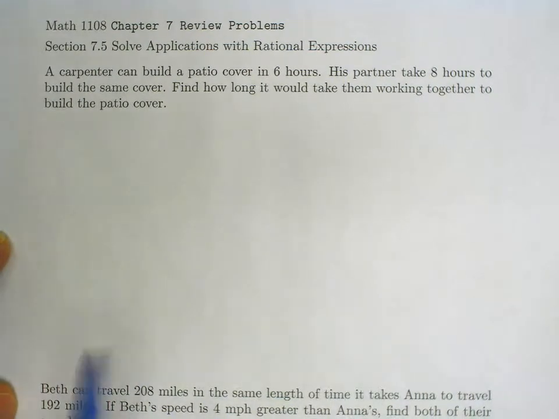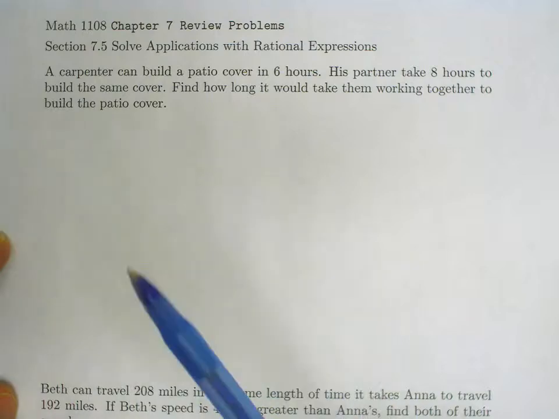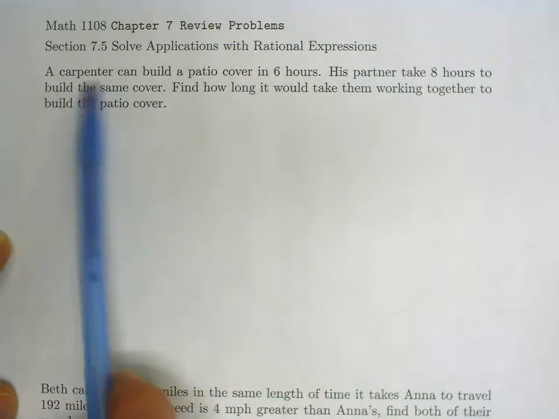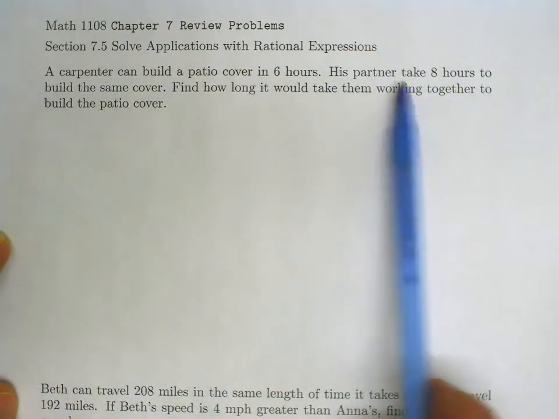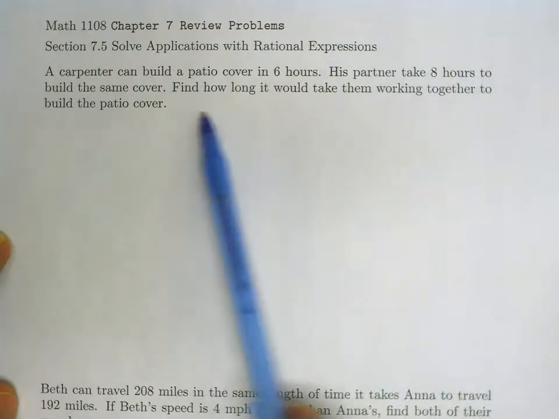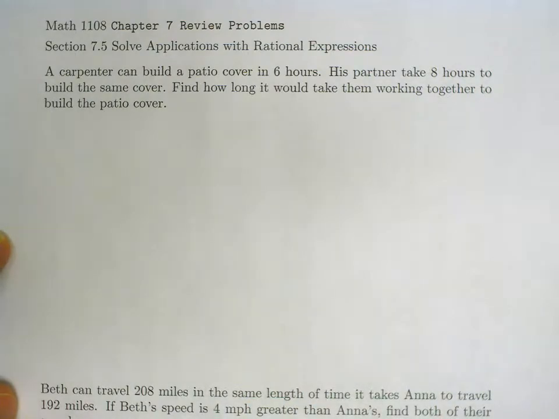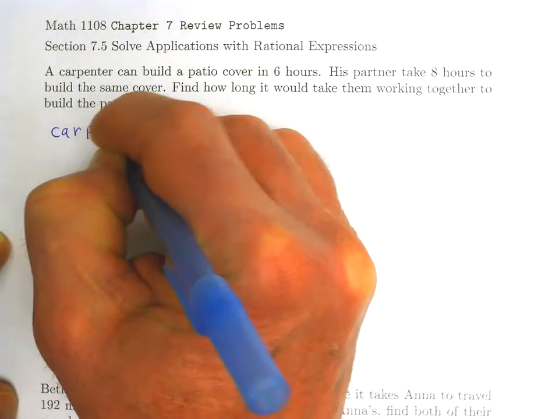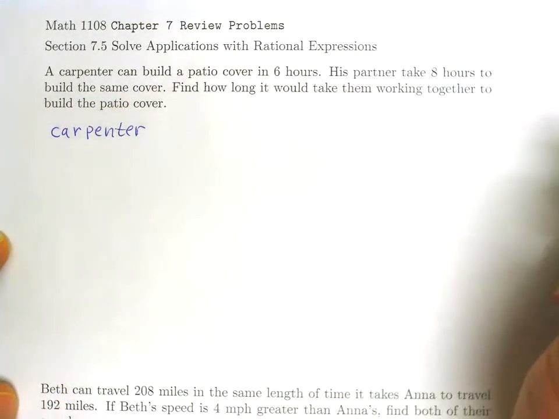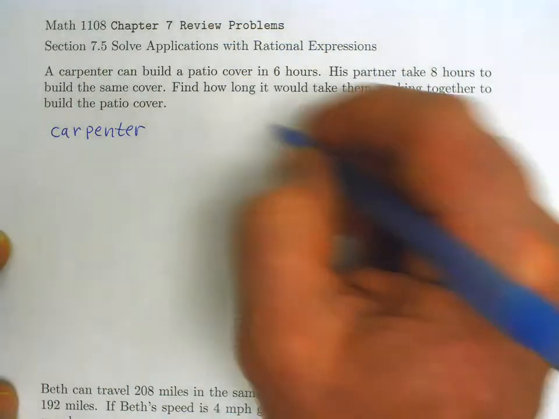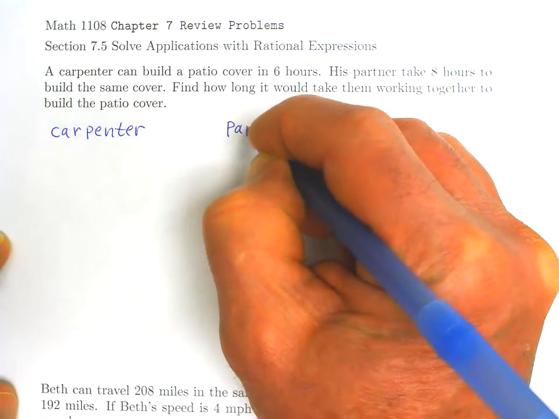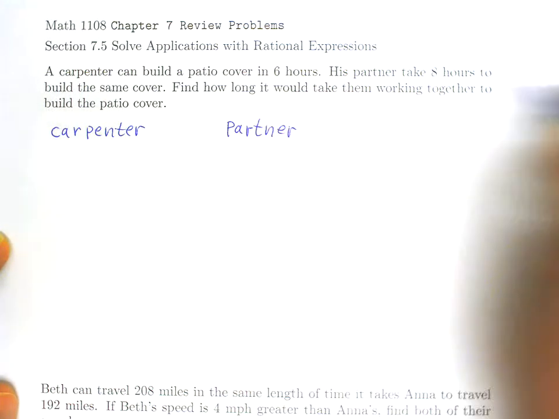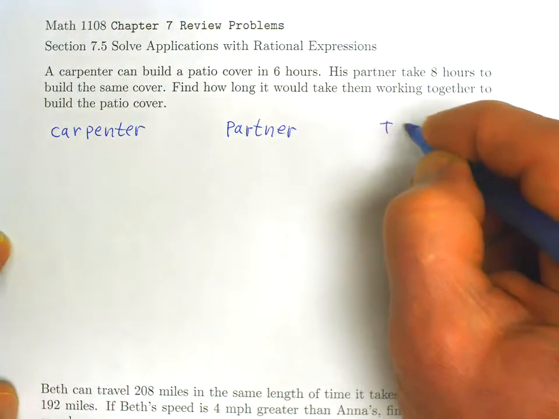Okay, so there are 3 scenarios to consider. The carpenter works by himself, his partner works by himself, and then they work together. So I'll just label the 3 categories: the carpenter working by himself, the partner working by himself, and then they work together.